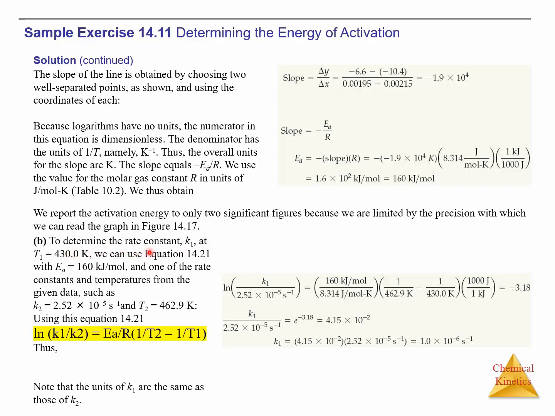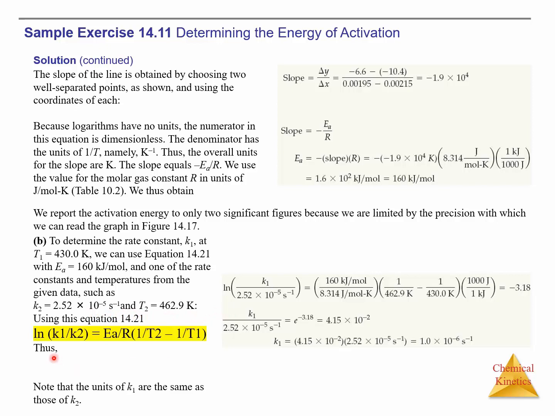Now to determine the rate constant k1 at T1, 430 K, we can use the previous equation with activation energy 160 kilojoule per mole and one of the rate constants and temperature from the given data, such as if we take the value of k2 and T2.